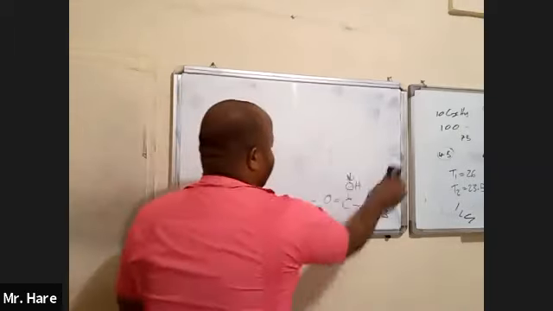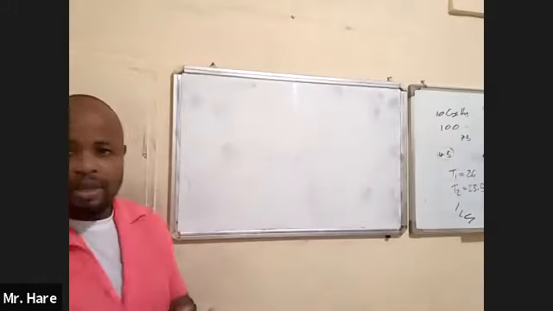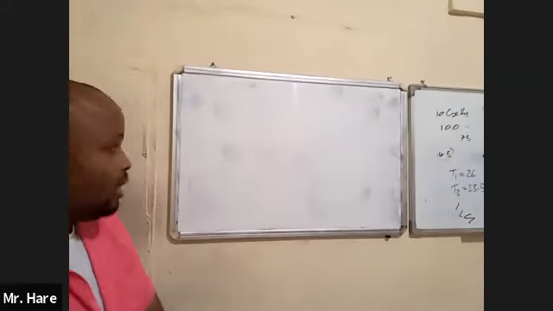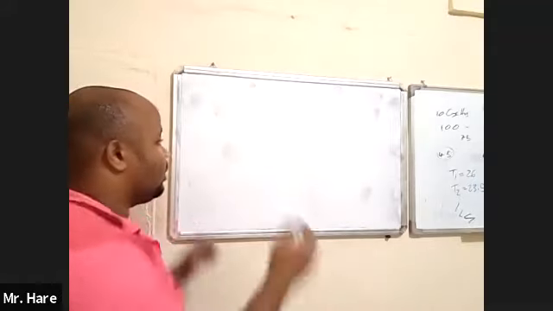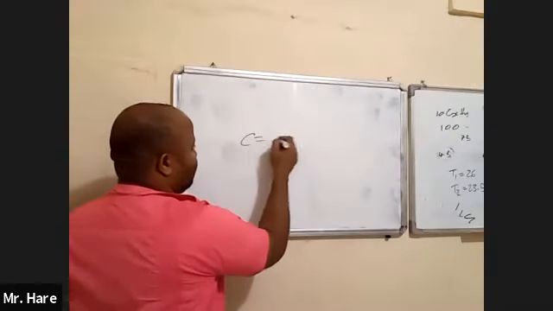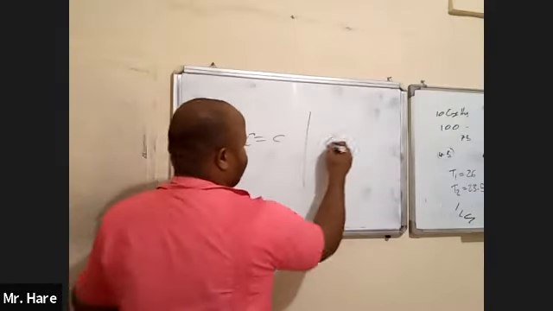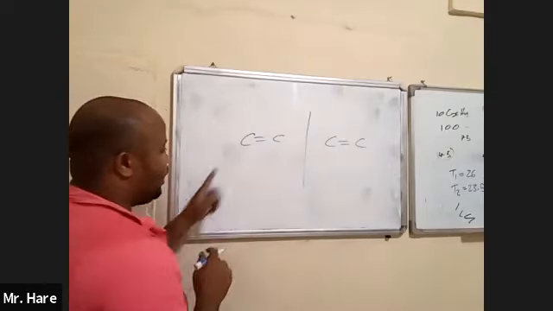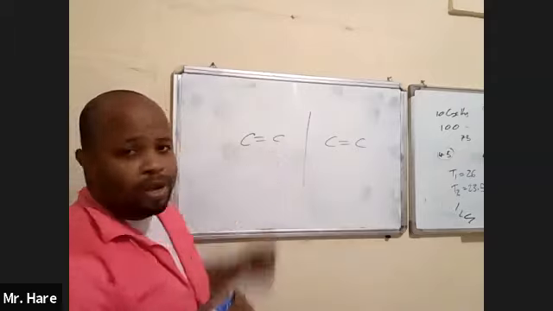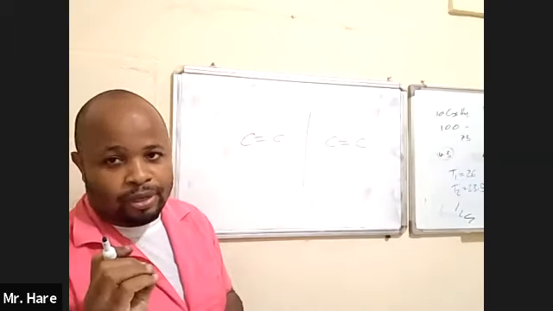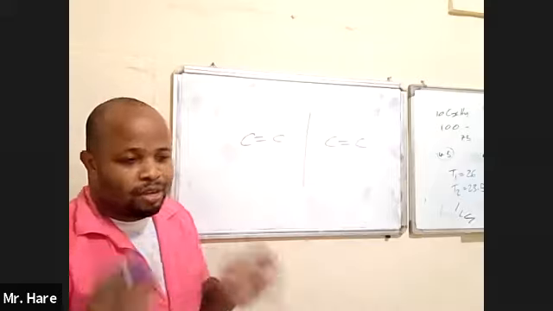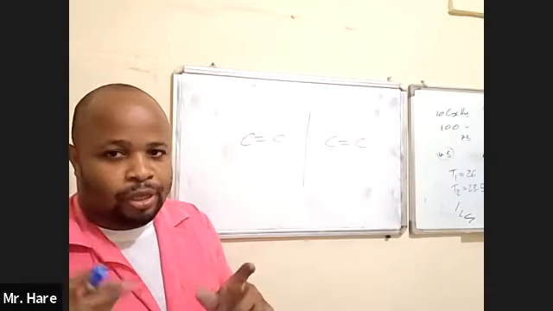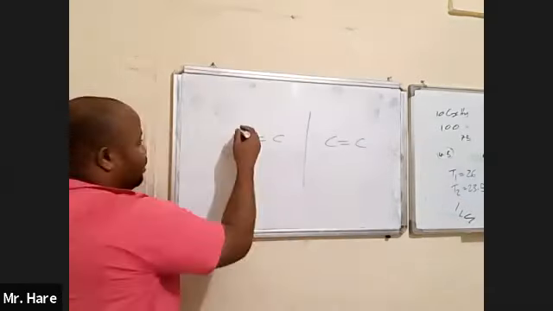Before I draw compound A, just remember, in order for you to get cis-trans, let me draw two compounds. All right. These are the two compounds. Each carbon atom of your double bond must have a group in common. If they don't have anything in common, you cannot have cis-trans. I'm going to show you why.